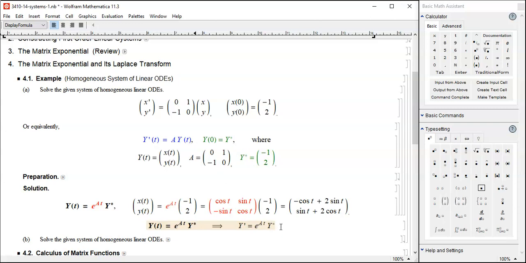But then again, by chain rule, we have to multiply the derivative of the inside. Now, what is the derivative of A times t? Hint, A is a constant matrix, constant coefficient. So what's the derivative of A times t? It's just A. So by chain rule, we multiply by the derivative of the inside, which is A.